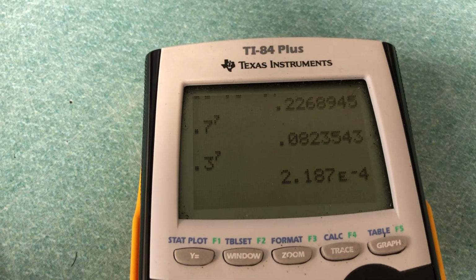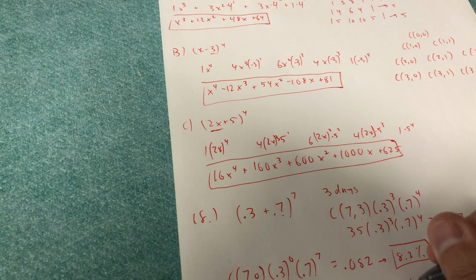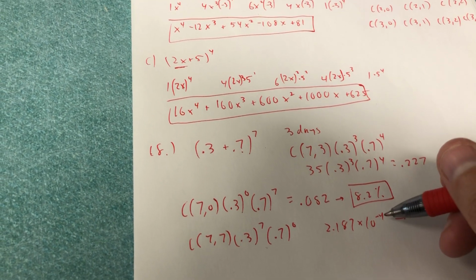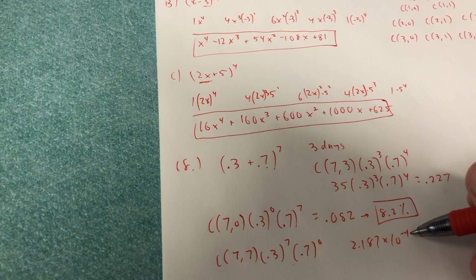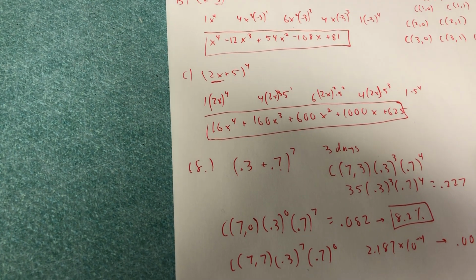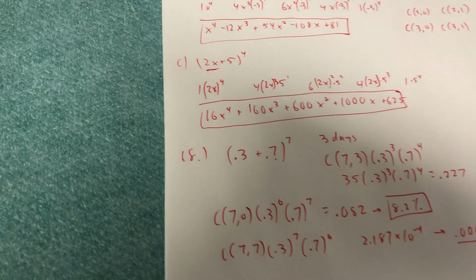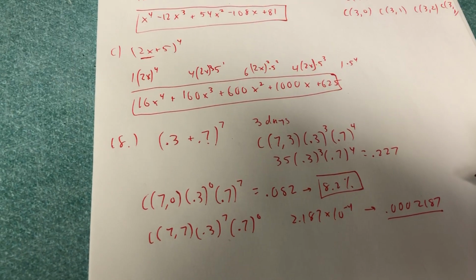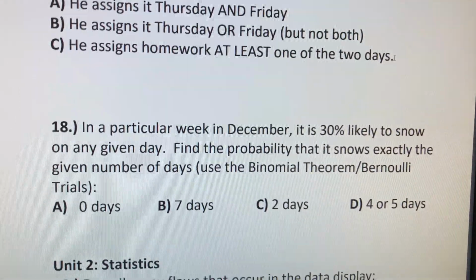It's 2.187 times 10 to the negative fourth. Remember, when you're working with scientific notation, you're really dividing by 10 4 times there. So that's going to move the decimal 4 places back, which is 0.000287, which is a very small percentage. I'm not even going to round that. It's going to round to 0% actually if you rounded it. Okay, so very unlikely if there's a 30% chance it's going to snow 7 days in a row.